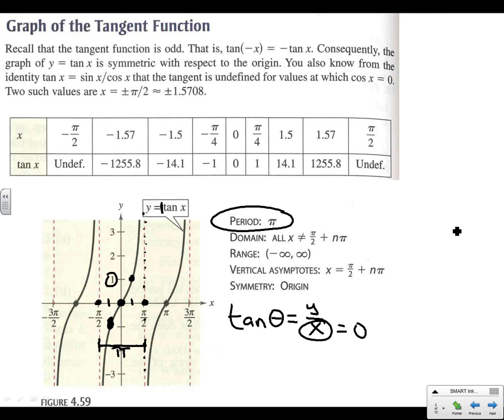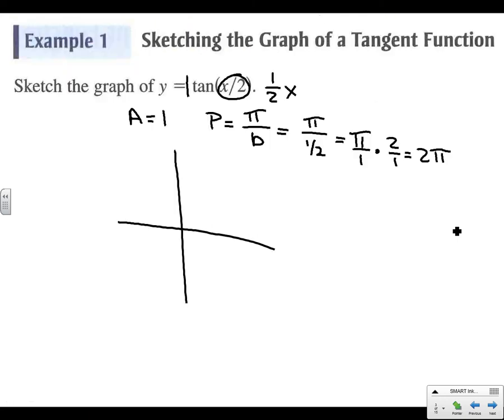But since it's centered on 0, half of the period is going to be on the positive side, and half will be on the negative. And so our asymptote, if there's no shifting, will be located at half of the period. So if our period was 2 pi, then our asymptote will be at pi. The other one will be at negative pi.